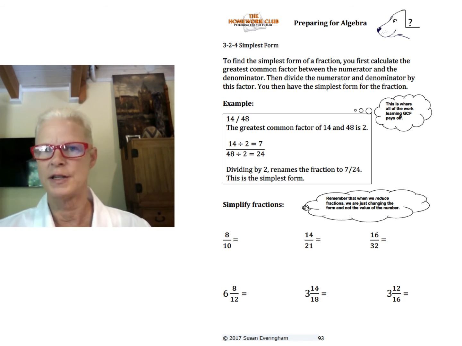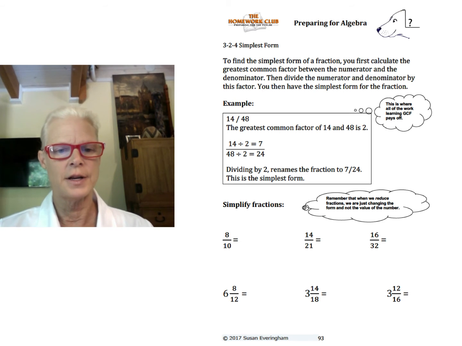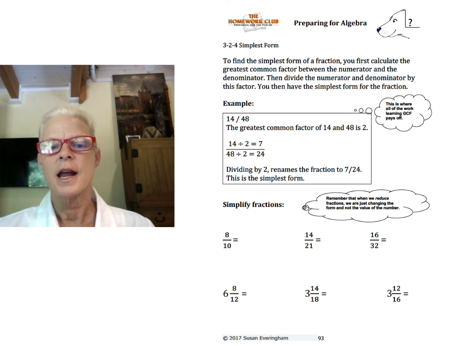This is where all that GCF stuff is going to pay off. The example here is 14 over 48. The greatest common factor of 14 and 48 is 2. So we're going to divide 14 by 2 and 48 by 2, giving you 7/24. Dividing by 2 renames this fraction 7/24, but it does not change its equivalency. It's just a simple form.